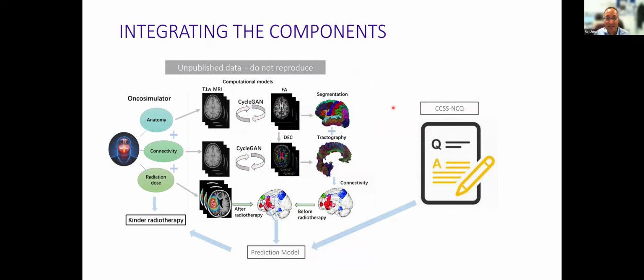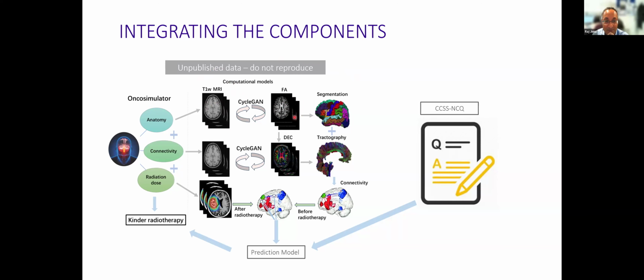And so basically, this is the idea of how it would all fit together in this kind of giant oncosimulator. So we have the patient's anatomical images, and we would generate synthetic connection maps. Okay. In the end, we want to actually produce a machine learning model that's good enough at segmenting the actual grey matter nodes of the attention network, so we don't have to propagate an atlas onto each patient.